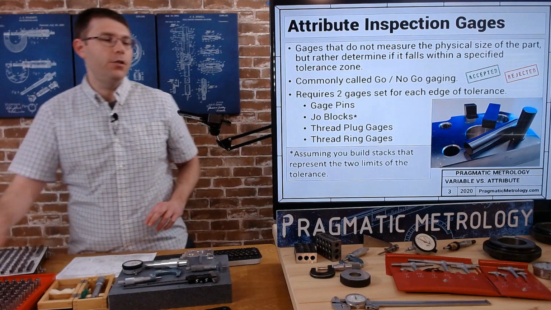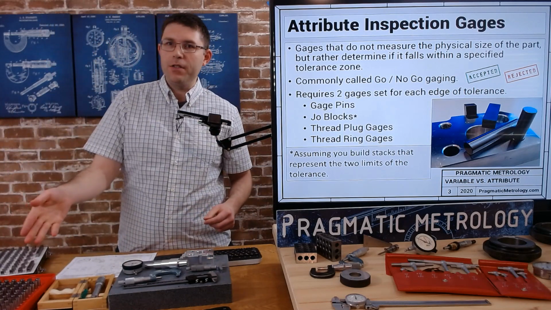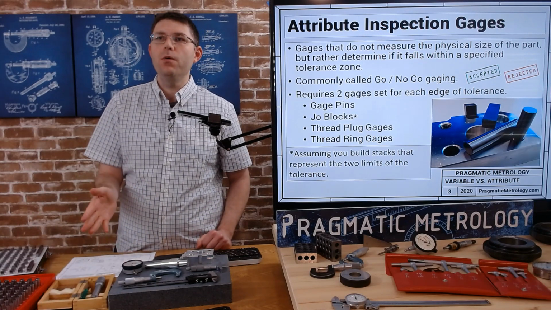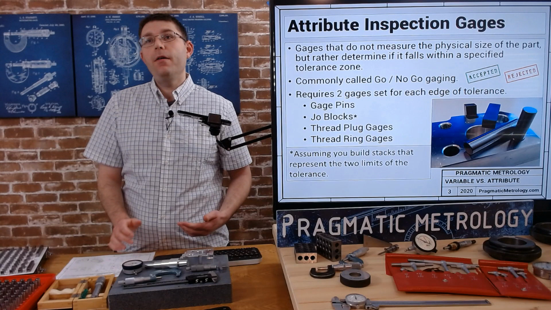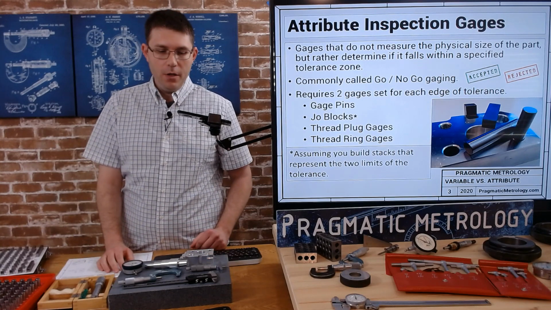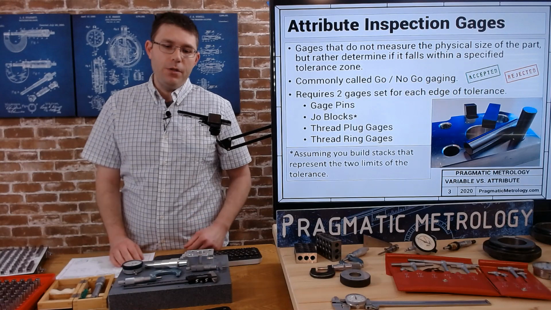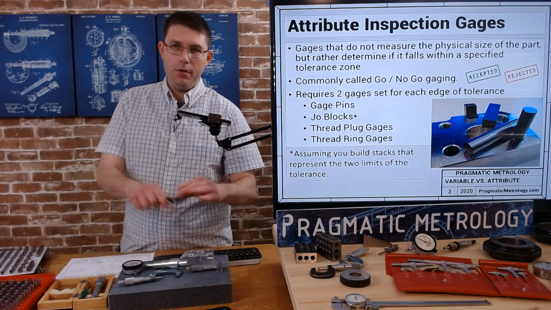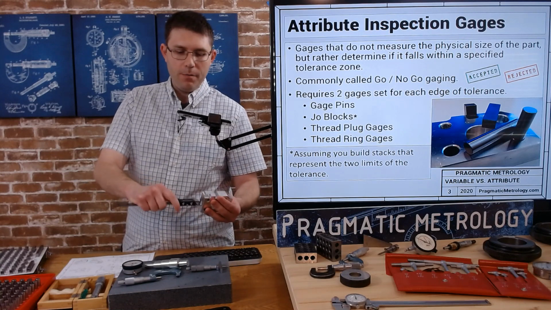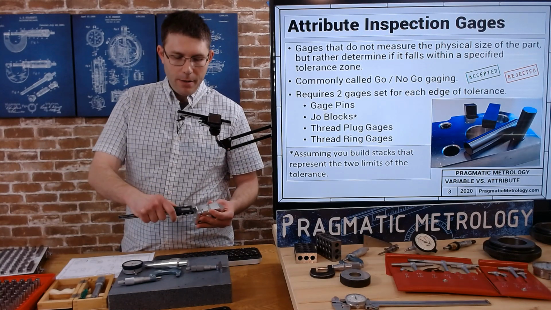If I wanted to know how big the hole is, I could keep grabbing successive pins from 392 to 393 to 394, and I could figure out, within 1,000th how big that hole is, but I wouldn't be able to know it exactly.